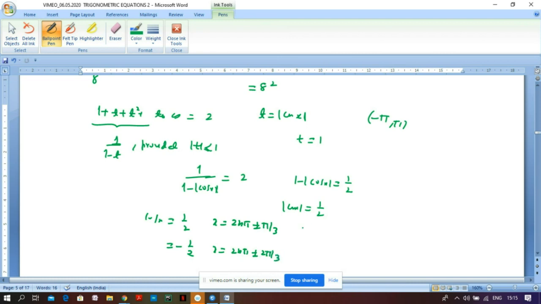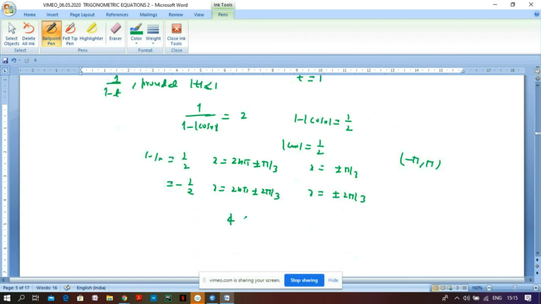So from here you will get x equal to plus minus pi by 3. From here you get x equal to plus minus 2 pi by 3 in the interval minus pi to pi. Anyway, minus pi is not defined, so you will get it like this. And so you get four solutions in this interval.